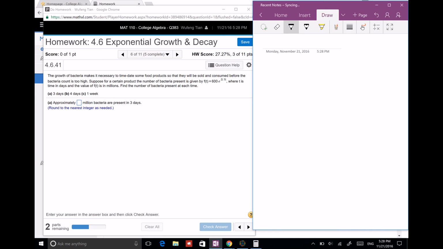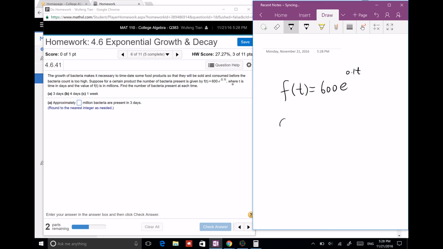The growth of bacteria makes it necessary to date some food products so they're consumed before that. Okay, so for the function f(t), you don't really have to look at a lot of things. Just look at the function first and find the useful information. t is the time in days, and the value is in millions. For 3 days, just multiply.